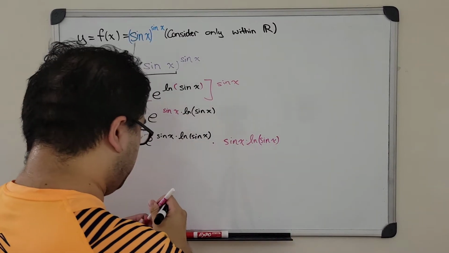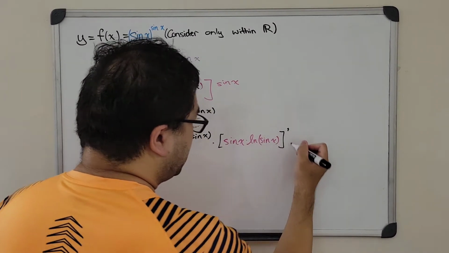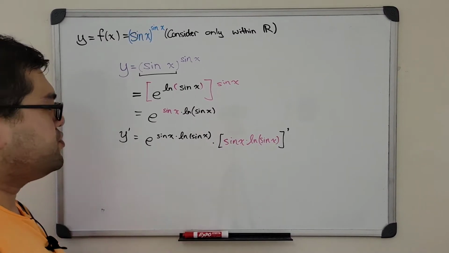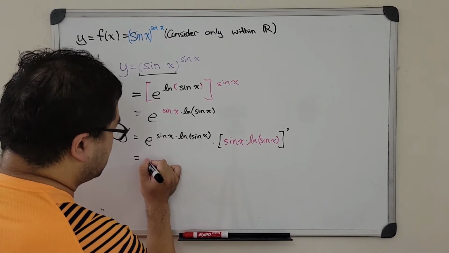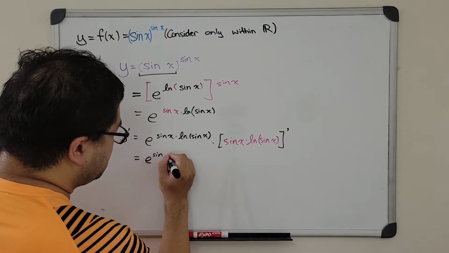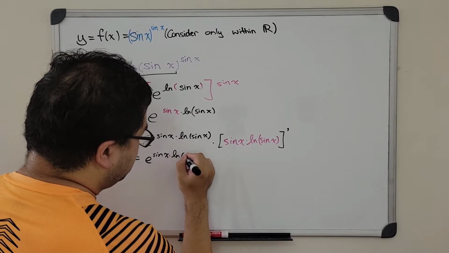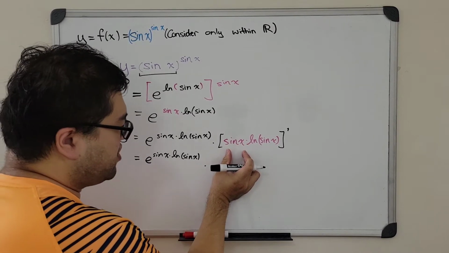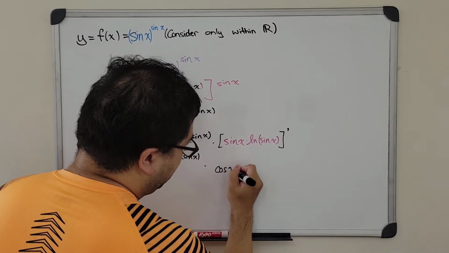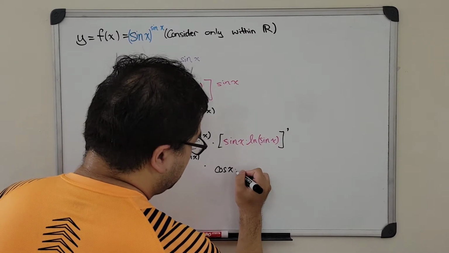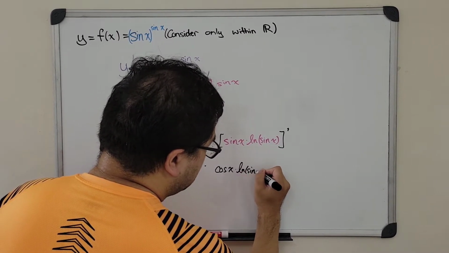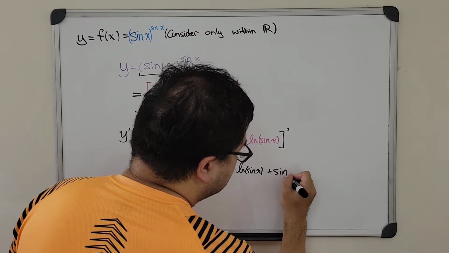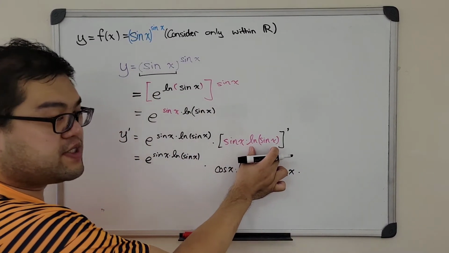Okay, so what should we do here? Well, since we have a product, we have to use the product rule to get the derivative of that. By the product rule, we take the derivative of the first function, which gives us cosine of x, times the second function, ln of sine of x, plus the first function times the derivative of the second function.